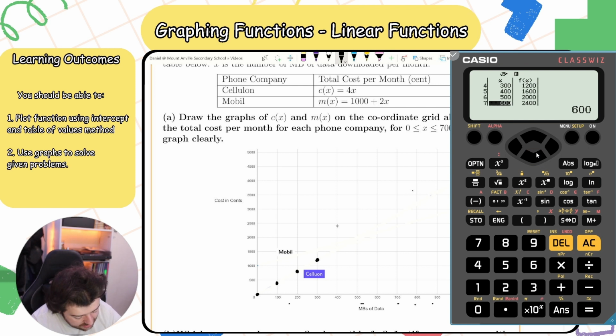400 on my x-axis, 1600. So right here. 500, 2000. 600, 2400. And then 700, 2800.